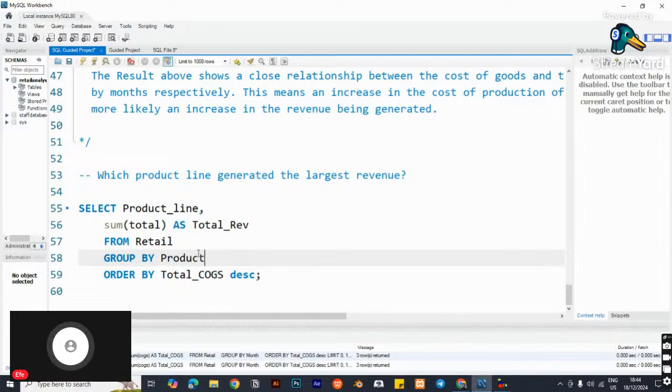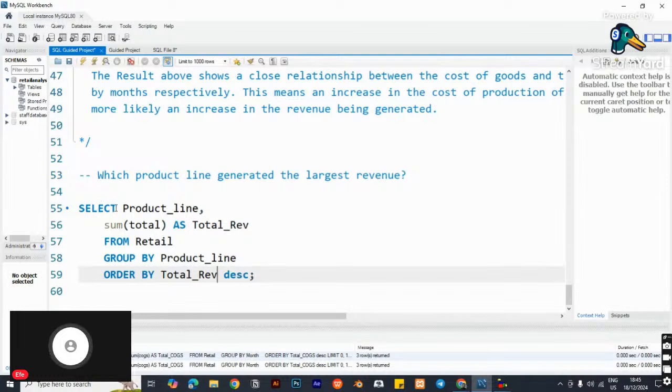So it will count all of the products and then group it into each of the products. So order by total rev. Whatever you're aliasing it as, you order it by that nomenclature.